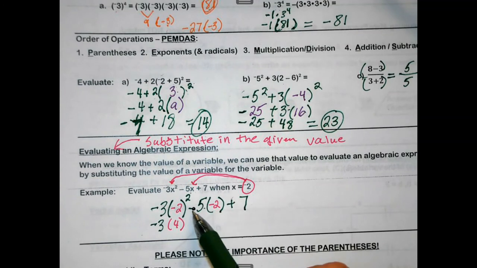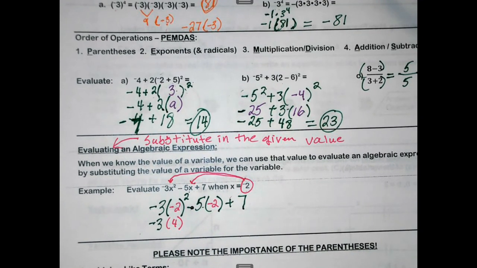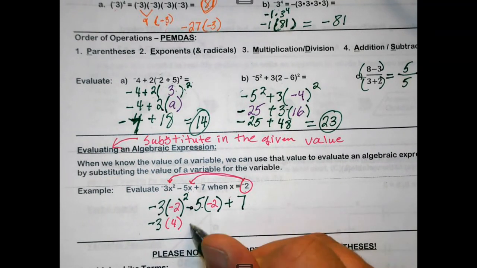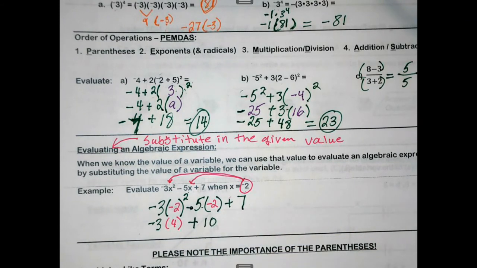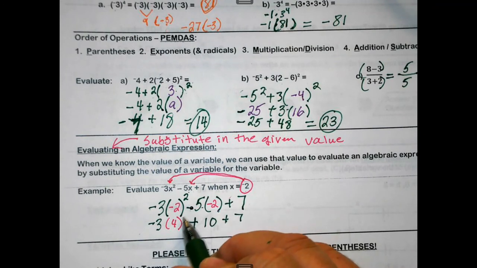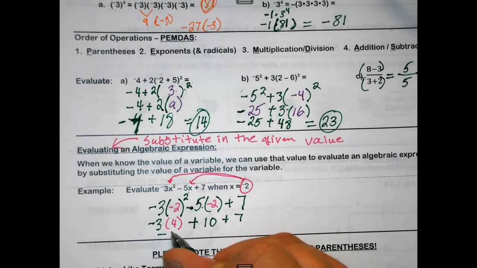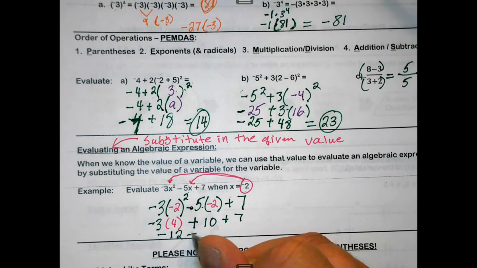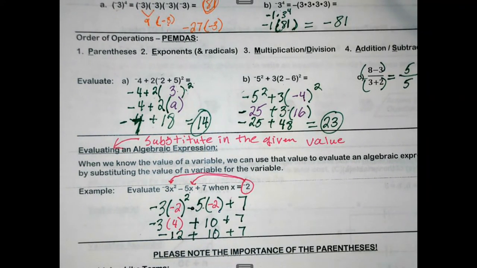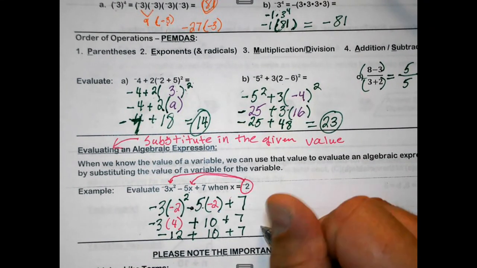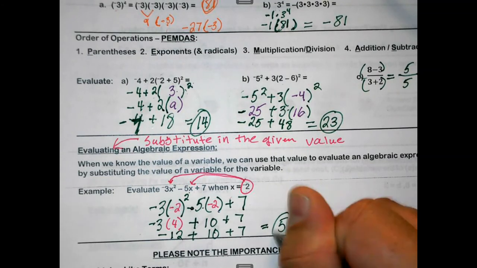So I'm going to take my minus 5, multiply it by negative 2, and that becomes a positive 10. Plus 7. I can multiply this now because there are no more exponents. So it's negative 12 plus 10 plus 7. Now it's addition and subtraction, go left to right. Positive 5.